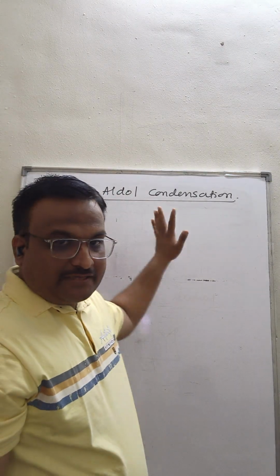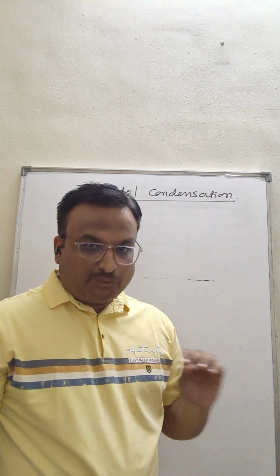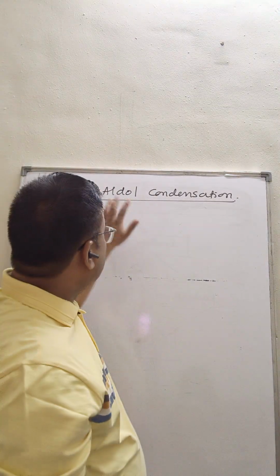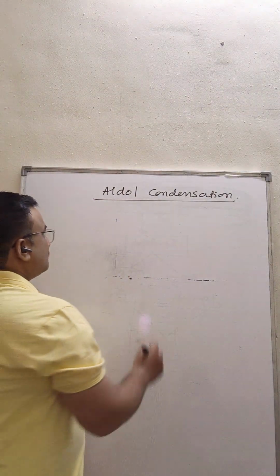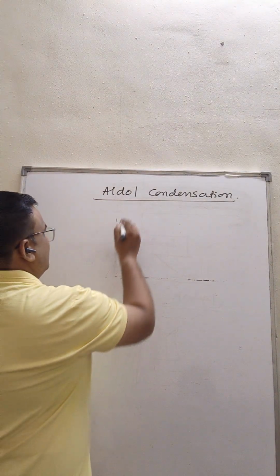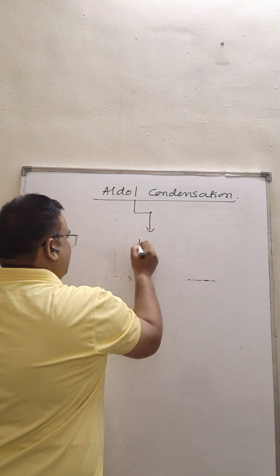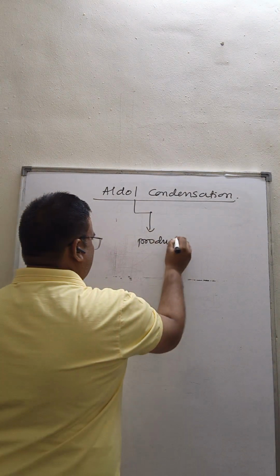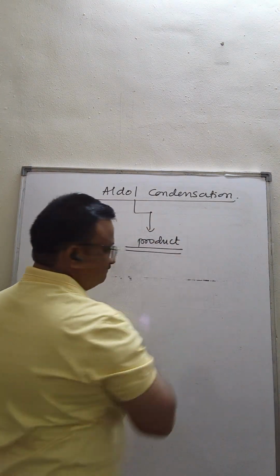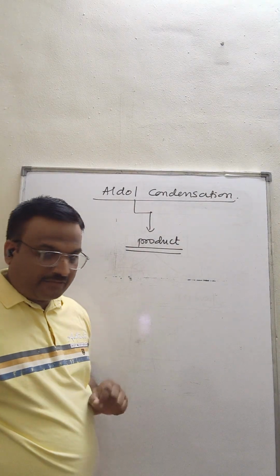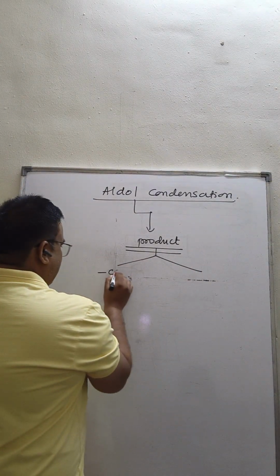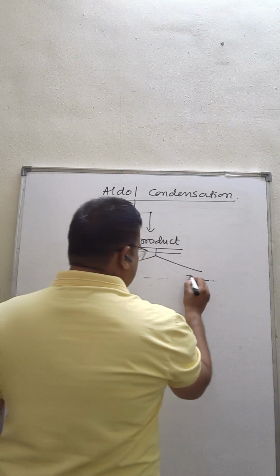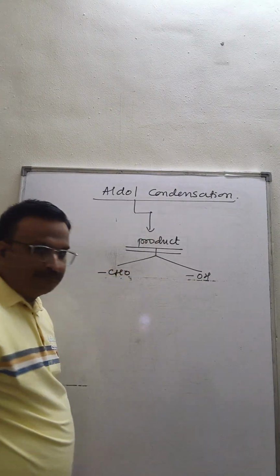Now we'll discuss why this reaction is known as aldol. Why did we name this reaction aldol? Because, my friend, when the product of this reaction is formed at the end of the reaction, that product contains an aldehydic functional group as well as an alcoholic functional group.